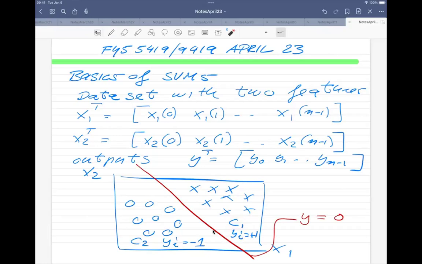If y is less than 0, then we would say that we are in region C2 and y of i is equal to -1. So you could think of these as different types of features, and then we have a set of observations and outputs which are of the type true, false, -1, +1. So what we want now is to find a way to distinguish between these two classes. So this is a classification problem, the way we have written it here.